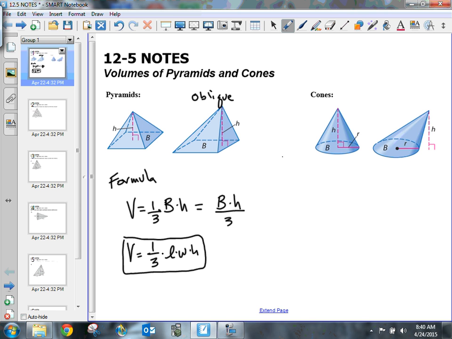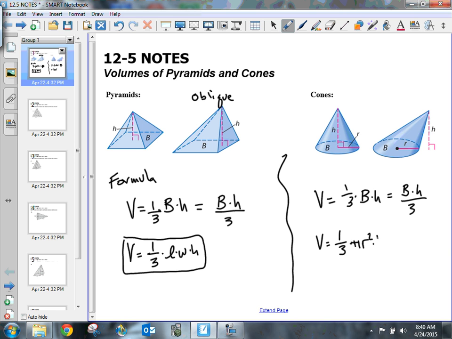Similarly, for the cones, you've got kind of the same thing. Volume is equal to 1/3 times the area of the base times the height, which is the same as the area of the base times the height all divided by 3. Since I have a cone, the bottom is circular, so the area of the base is just pi r squared. I get 1/3 times pi r squared times the height.